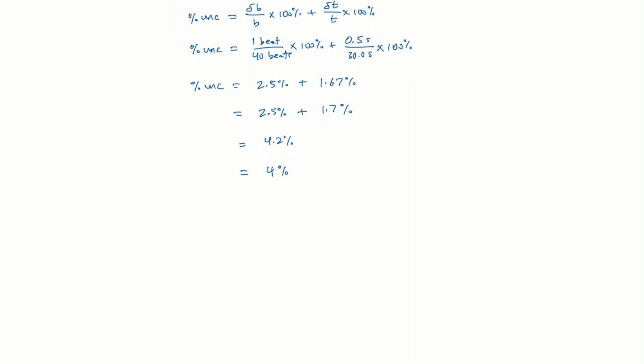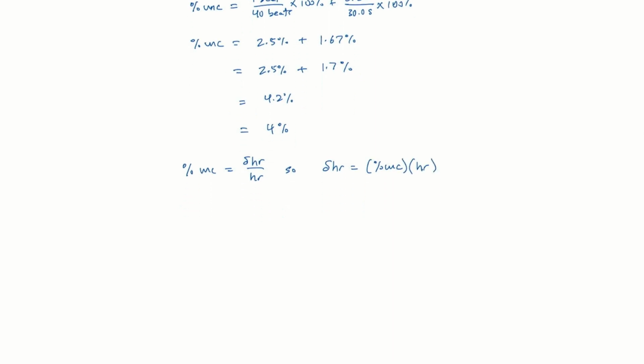Okay, so that's our percent uncertainty, but we need the uncertainty of the heart rate. Okay, so percent uncertainty is the uncertainty of the heart rate divided by the heart rate. And so the uncertainty in the heart rate is the percent uncertainty times the heart rate. Okay.